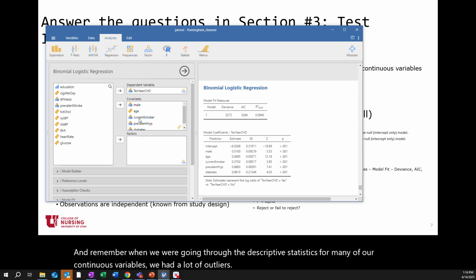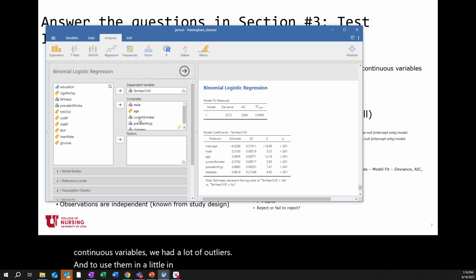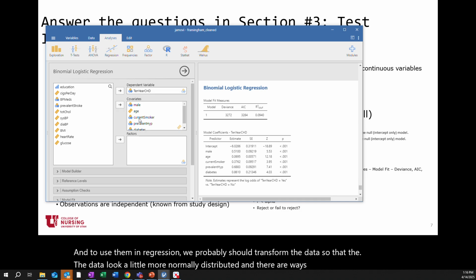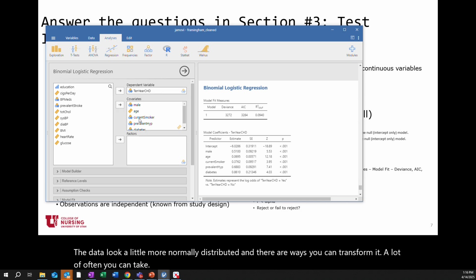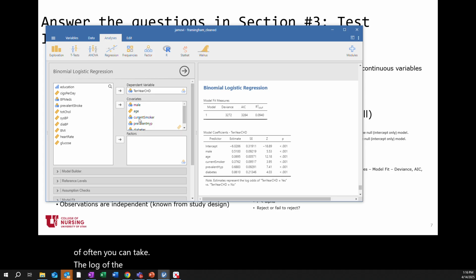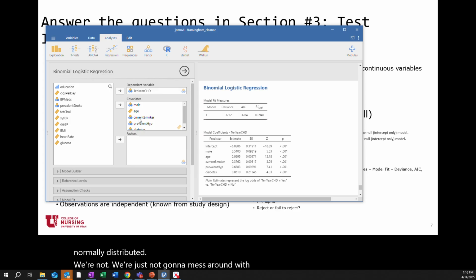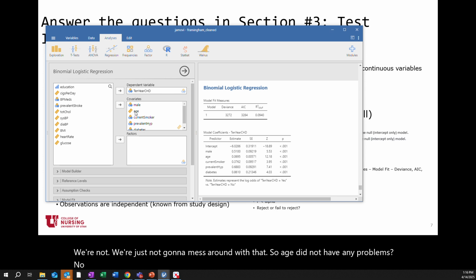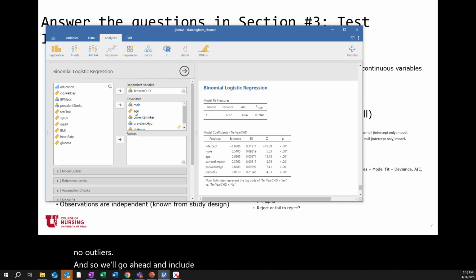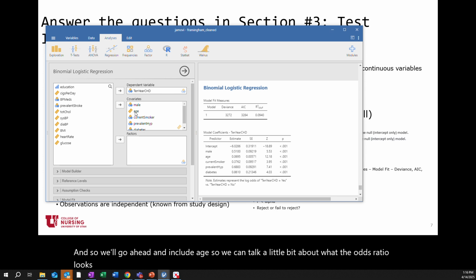And to use them in regression, we probably should transform the data so that the data look a little more normally distributed. And there are ways you can transform it. Often you can take the log of the variable and it'll keep things in the same order, but make things look more normally distributed. We're just not going to mess around with that. Age did not have any problems, no outliers. And so we'll go ahead and include age so we can talk a little bit about what the odds ratio looks like for that and some of the implications of how it's set up.